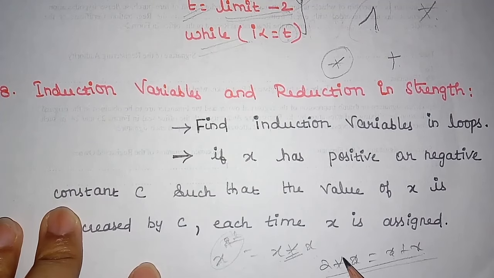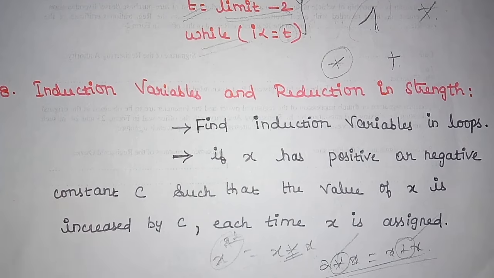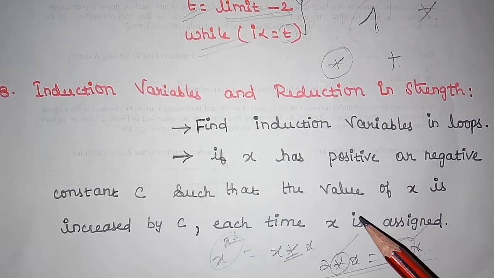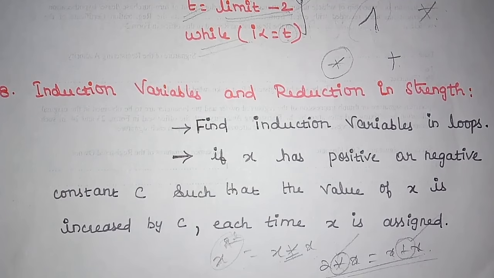In the same way, the multiplication operator is considered more expensive than the addition operator. So we can replace the expensive operator with a cheaper one, so that it takes less time to execute these expressions. This is how we do reduction in strength. And these are all the semantic preservation transformations that we apply for optimizing code.